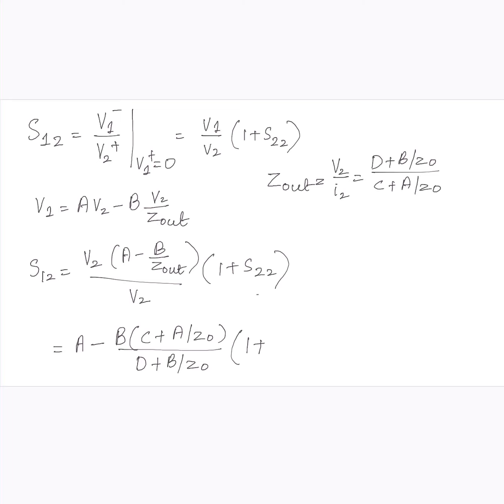Substitute the equation for S22, which is given by minus A plus B Y naught minus C Z naught plus D divided by A plus B Y naught plus C Z naught plus D. So solving this equation, that is taking D plus B by Z naught to this side, this equation will become AD plus AB by Z naught minus BC minus AB by Z naught, into what is remaining, 2B Y naught plus 2D by delta.